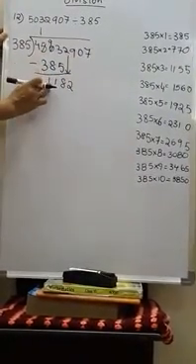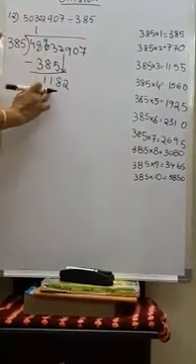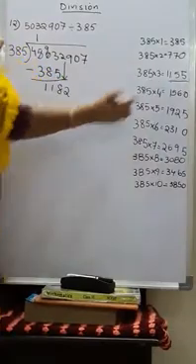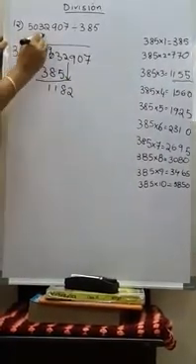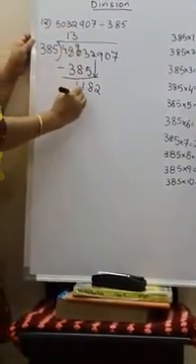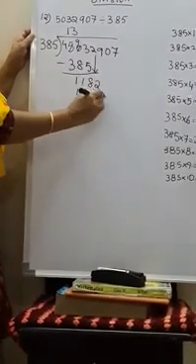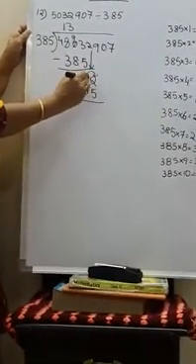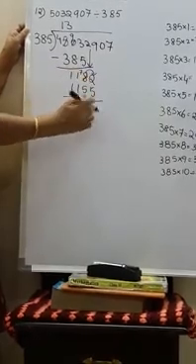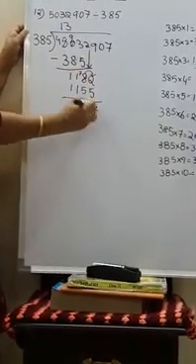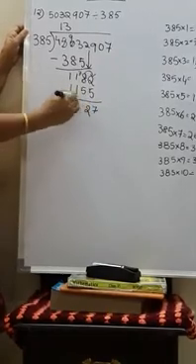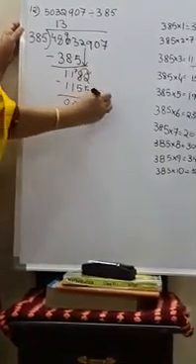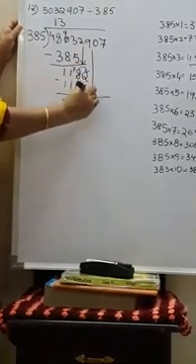If you do not get this number, take the nearest smaller value. So 385 threes are 1155. Now again borrow. This is 12. This will become 7. 12 minus 5 is 7. 7 minus 5 is 2. Then 0 and 0.